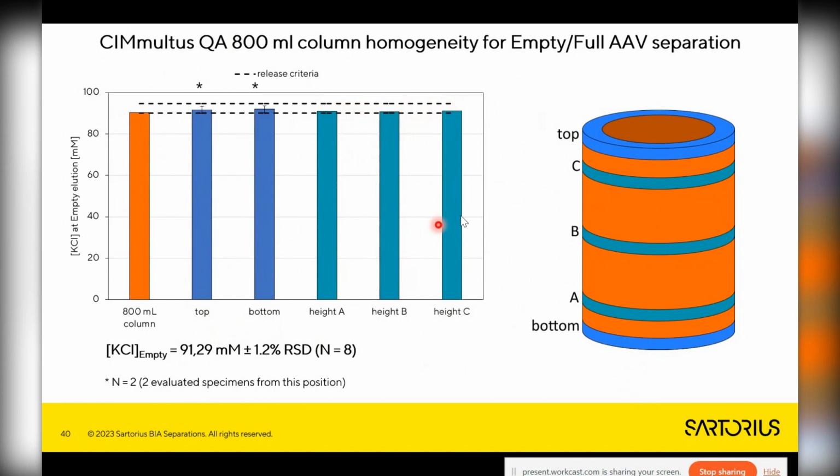So with these three checks, and also with other sizes and other columns, we can prove that the monolith is really very homogeneous, because as you will see later on, we are already releasing these HR columns within plus or minus 3% of the salt which is needed to elute the AAV8 empty capsid, which we produce ourselves to qualify the columns before release to you.